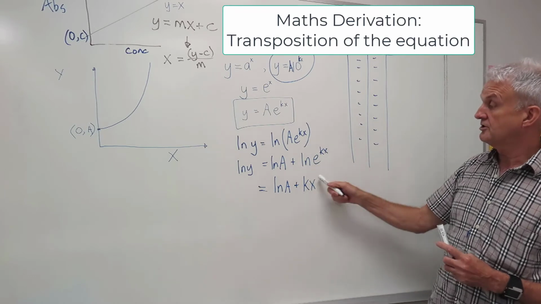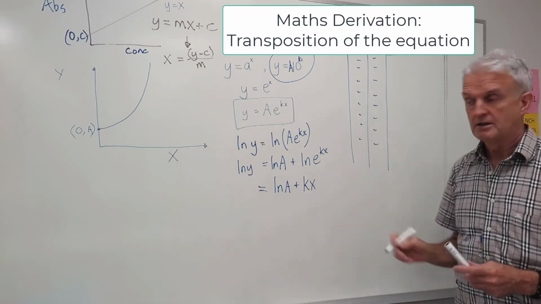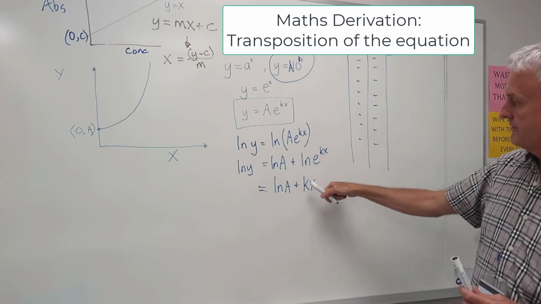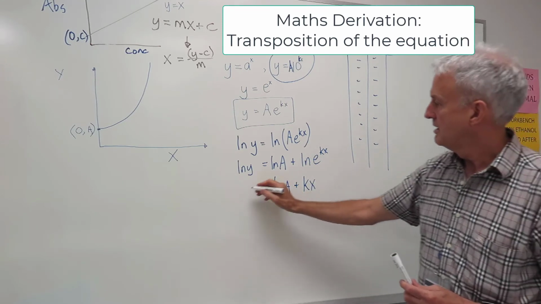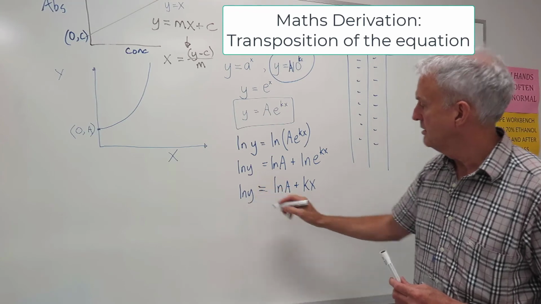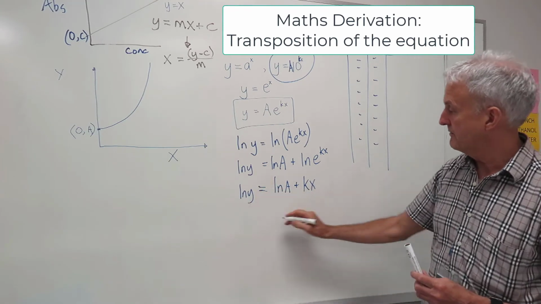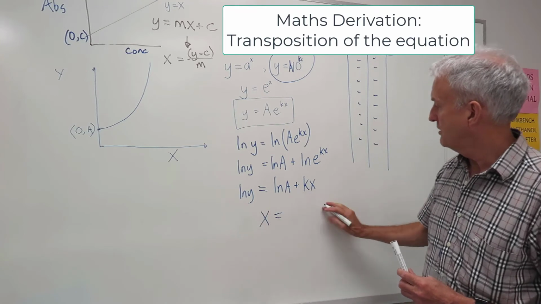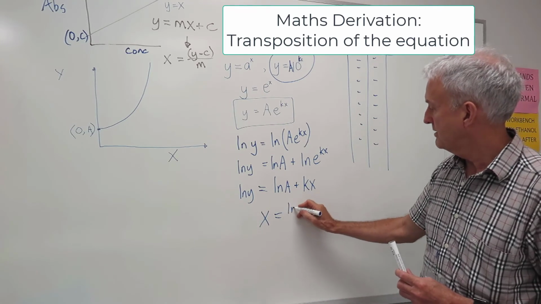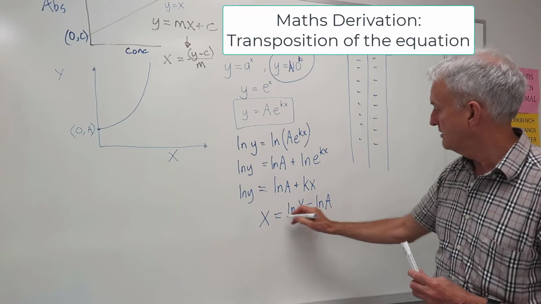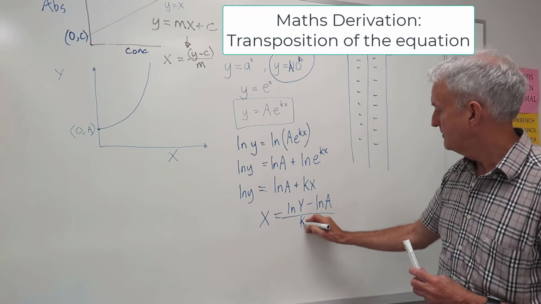This expression simplifies to kx because of the definition of the logarithm. So we end up with an expression like so, and you've got something like y equals mx plus c here, and x simplifies to ln y minus the natural log of the starting value, over k.